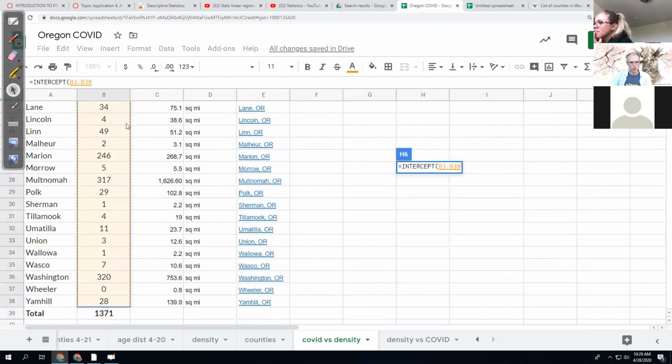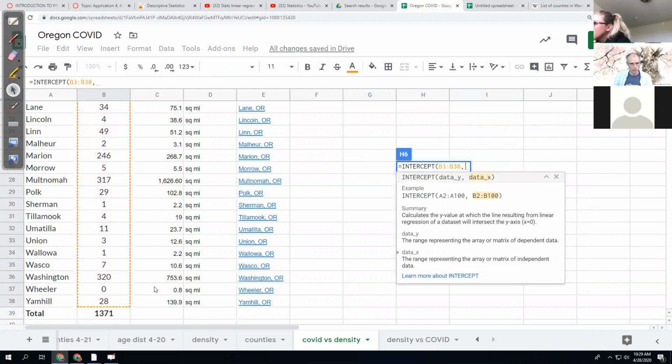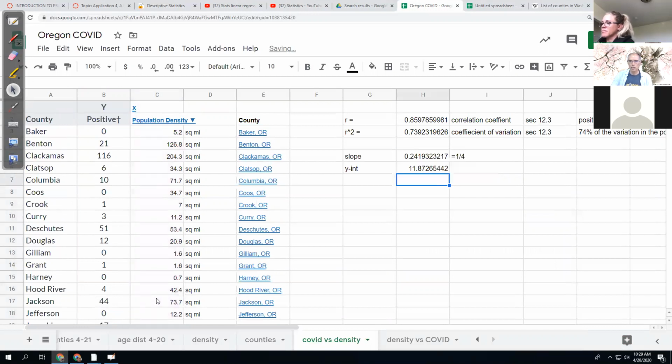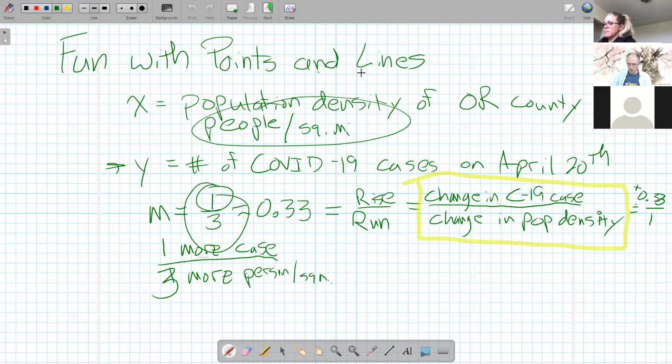Y values first, x values second. In this case, it's +11 when I switch the variables. And remember, updating my notes here, correcting. This was about 0.24-ish. And so I'm going to say that's about 1/4.